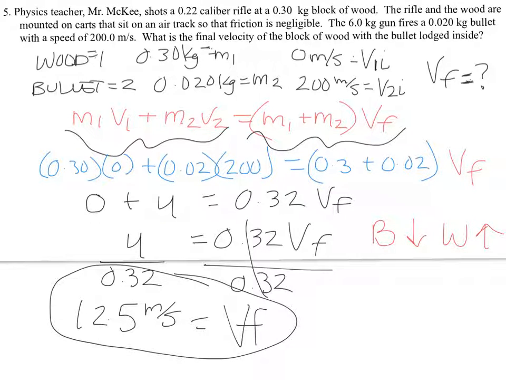Okay, that's a perfect world scenario. That really doesn't happen in real life, but at least we're getting a better idea of what would really happen. That wood block would probably be traveling around 12.5 meters per second, even though the bullet was originally going 200 meters per second. But we know in the game of masses with momentum and inertia, mass plays a huge role.